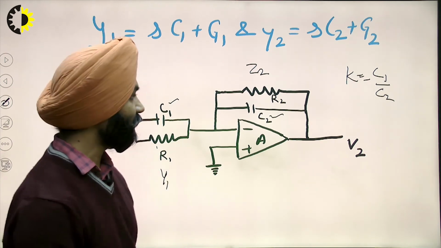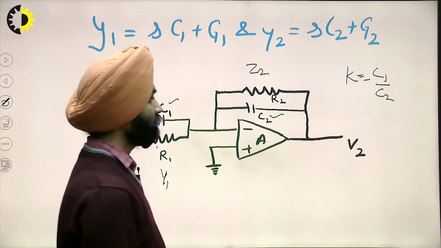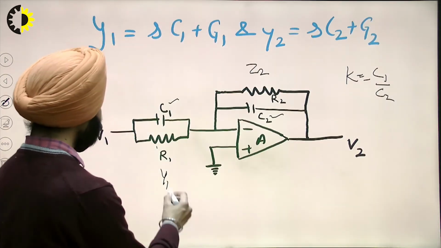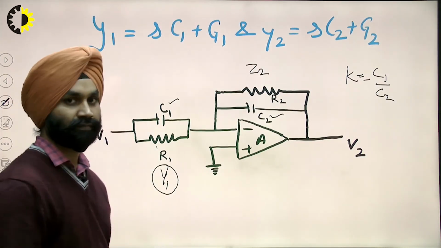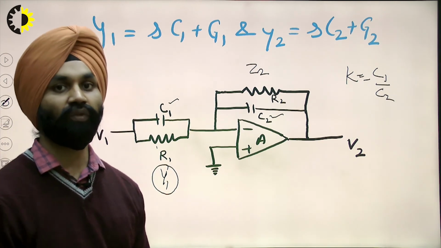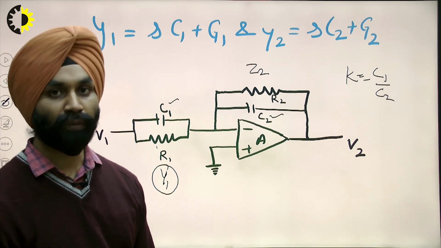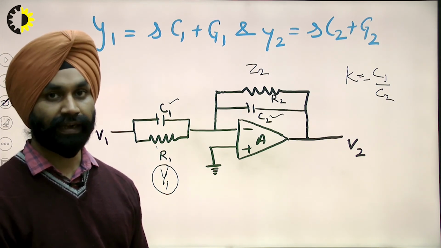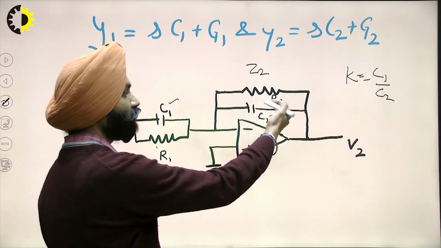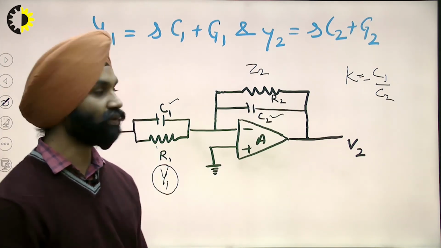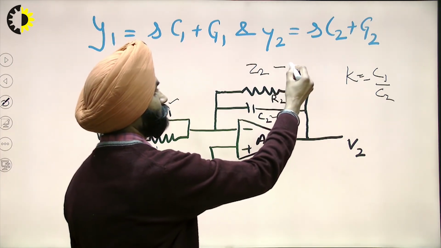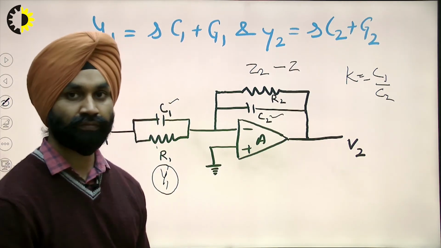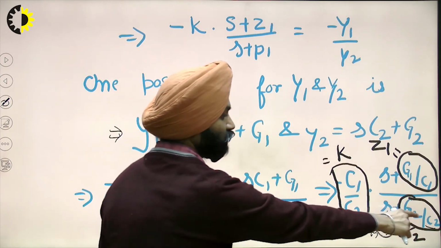Also we have seen that the zero can be given by G1 and C1. That means this Y1 will be responsible for choosing a zero of the circuit, and this C2 R2 will be responsible for Z2. This G2 C2 is Z2.